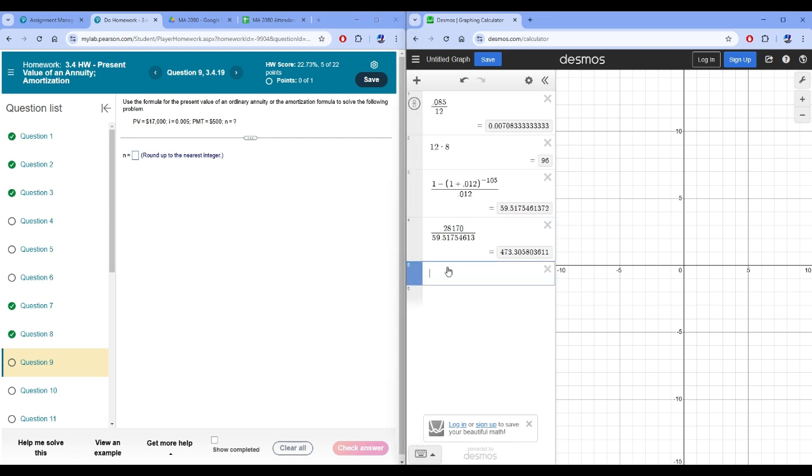So let's just say that this equation, y equals my payment, which is $500, times what is my I? My I is 0.05. This down here is 0.05. N is equal to X, right? That's what we're trying to find.